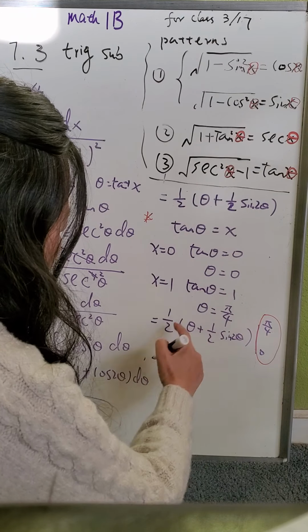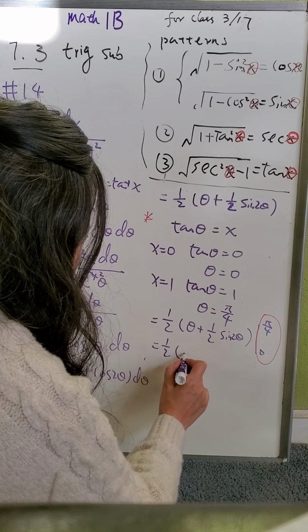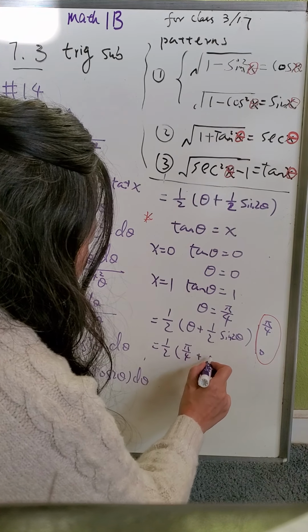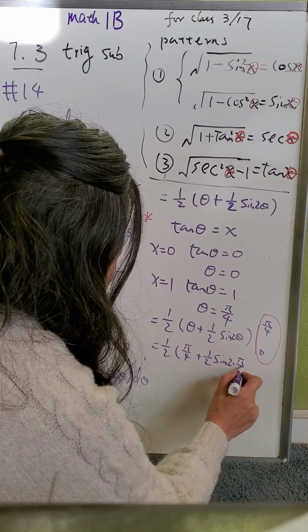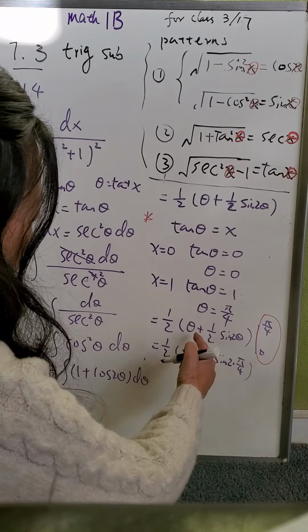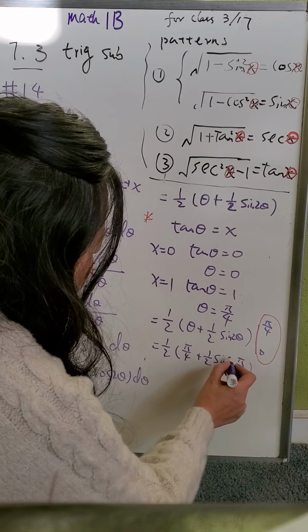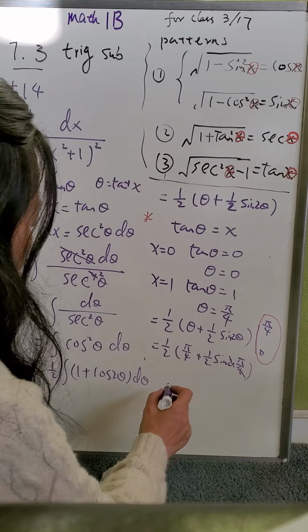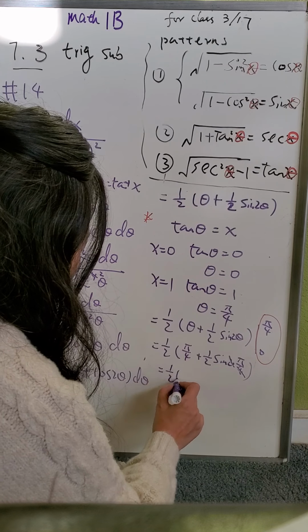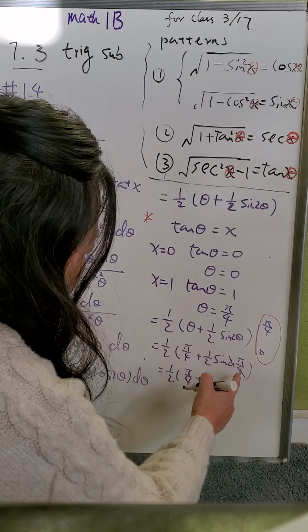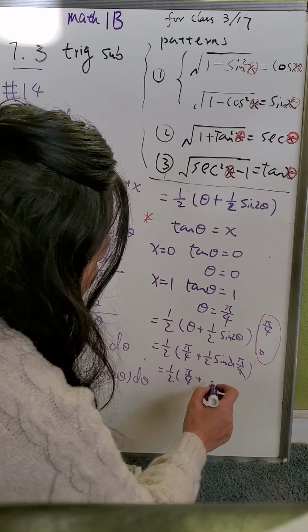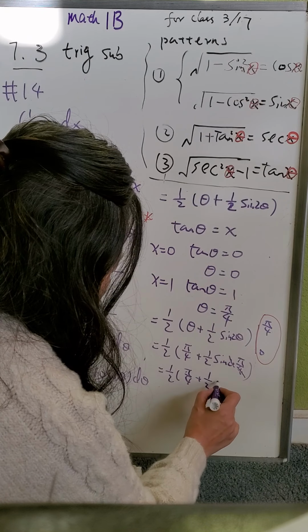And so I substitute inside: it's 1/2 times π/4, plus 1/2 of sine 2 times π/4, and 0 goes inside to the 0. And you can see that there's a π/2 here, so this is 1/2 π/4 plus sine π/2, which is equal to 1, so just 1/2.